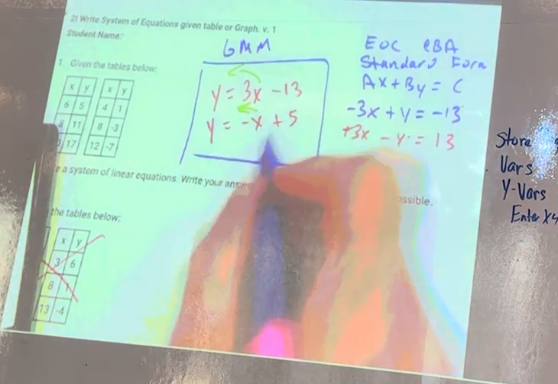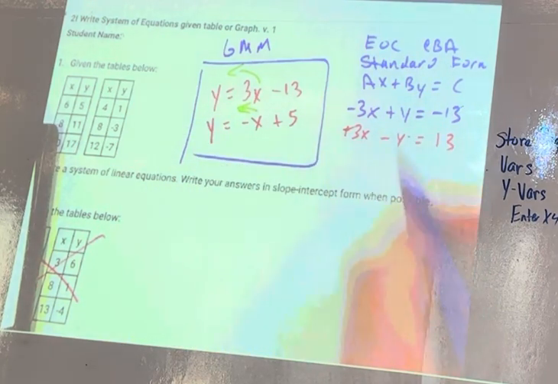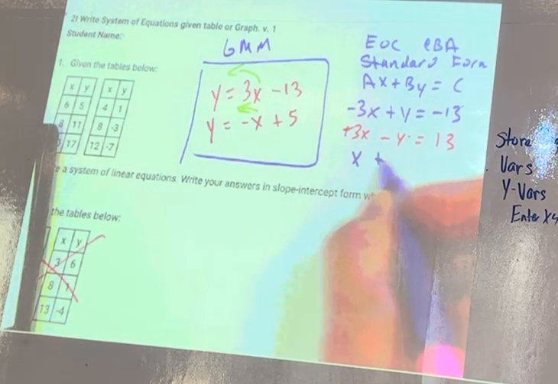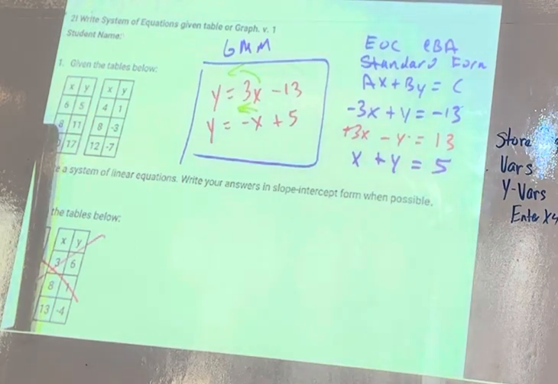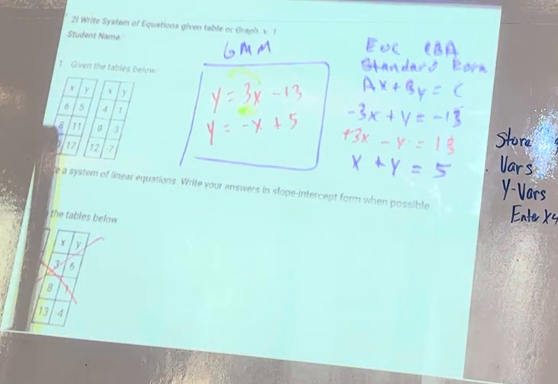Now the other one, if it's negative over here, what's it going to be on the other side? Positive. So x plus y equals 5. So those are the 2 equations that you will get. But you're going to still find them in this form and then transfer them to that other form.